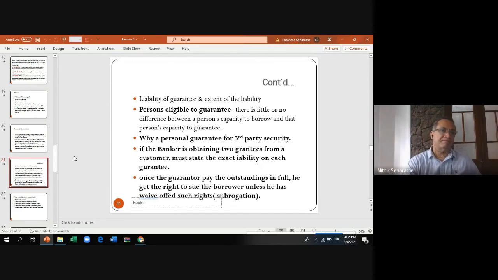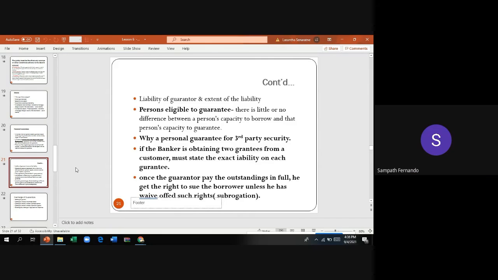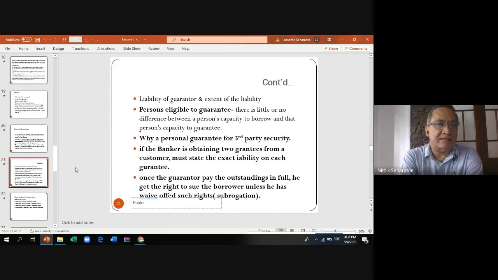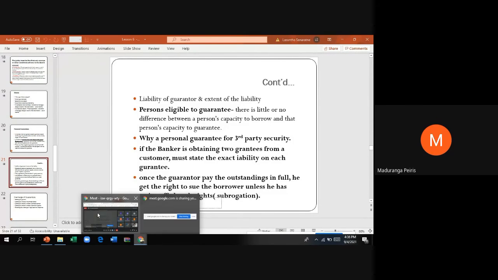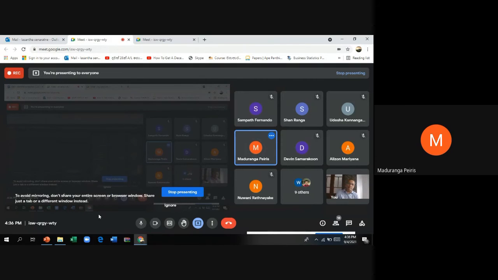Okay, sir. Liability of the guarantor. If a guarantor wants to be removed from the guarantee and requests, I am willing to remove myself from this guarantee, and we have granted a revolving facilities package, sometimes an STL package, how could we handle that situation?